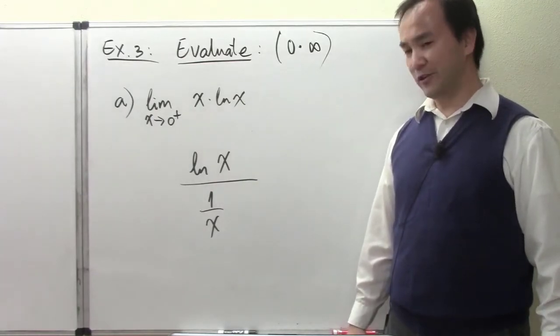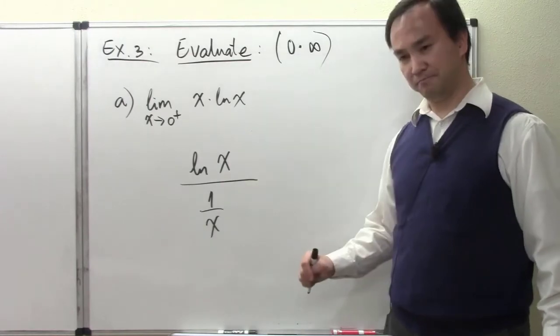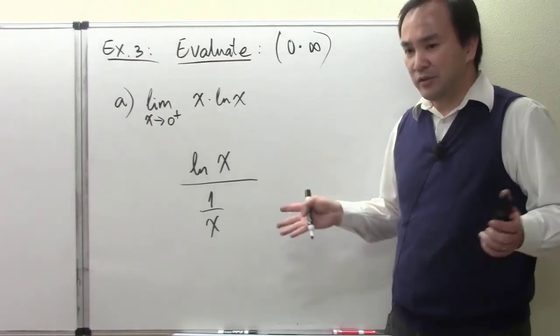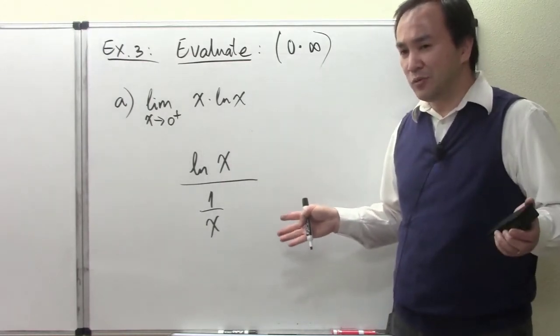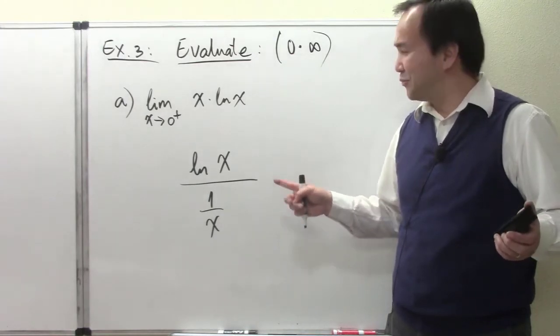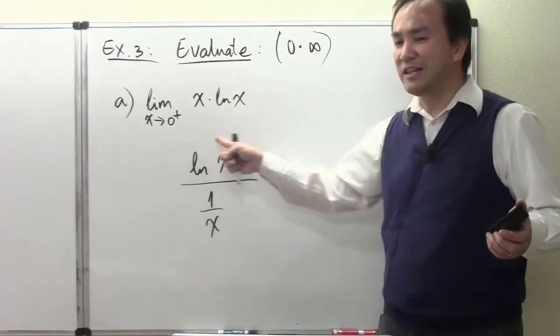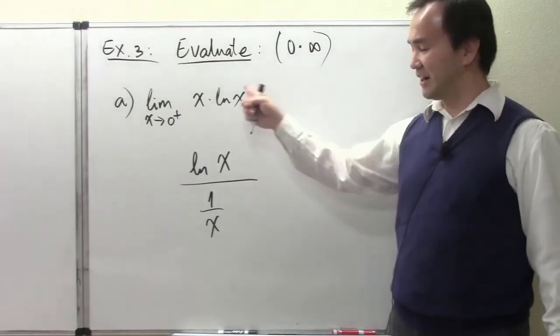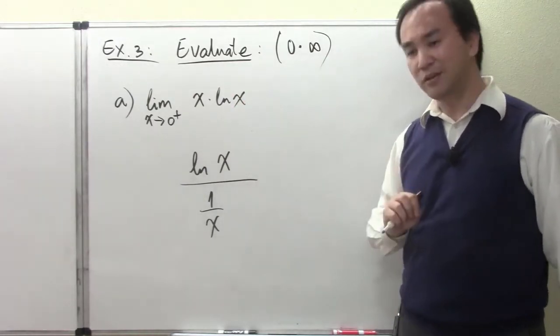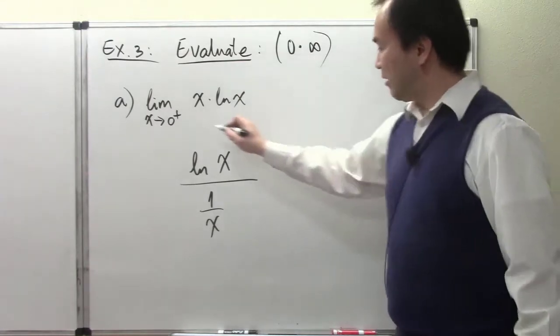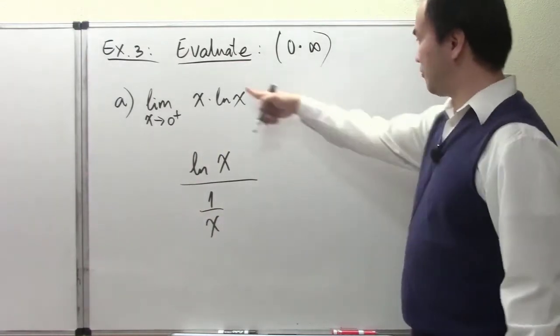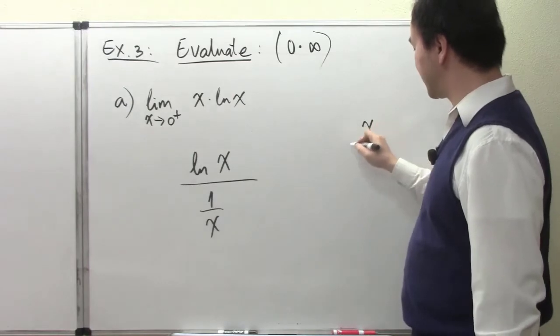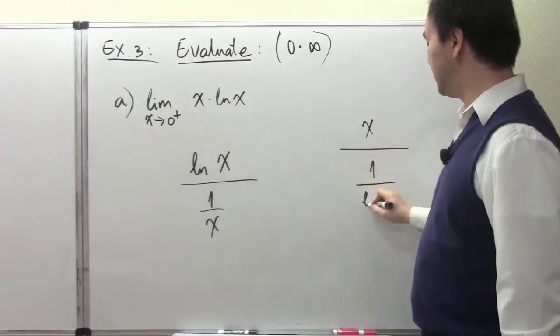All right, so hopefully you're back and agree with my setup right there. But now, after you agree with my setup, you're starting to wonder and feel insecure. Why am I leading you into work that looks even more complicated than how it started? But there's a good reason. Alternatively, you can also rewrite the same expression as x divided by 1 over natural log of x.